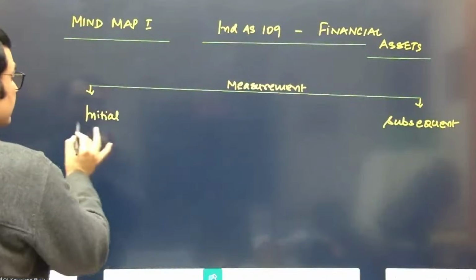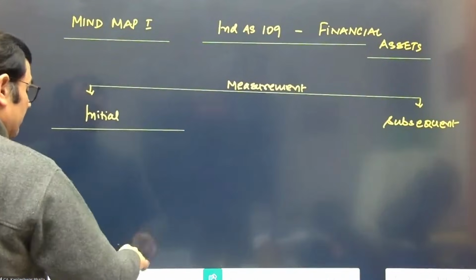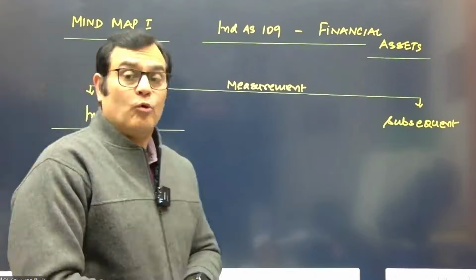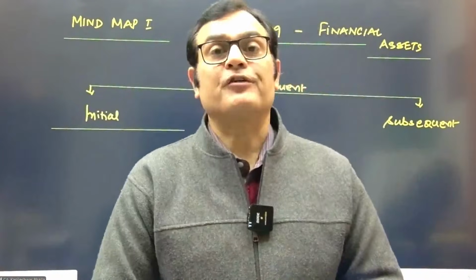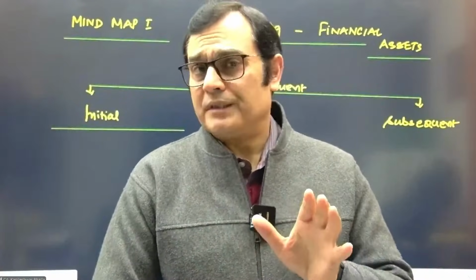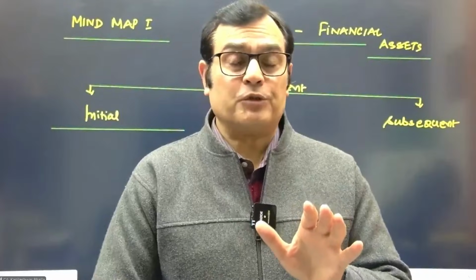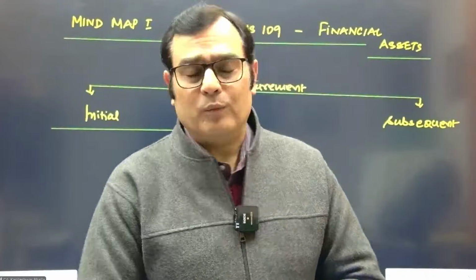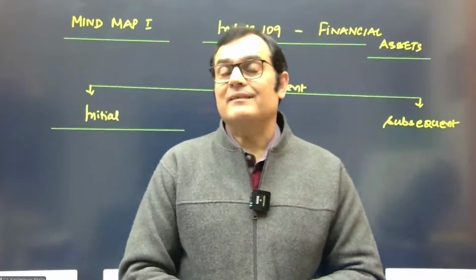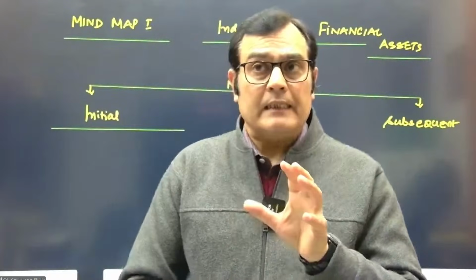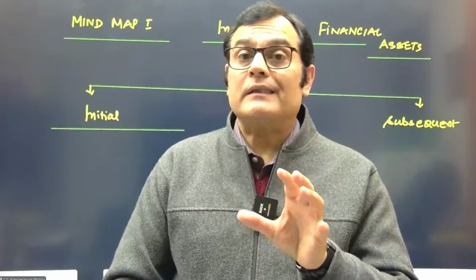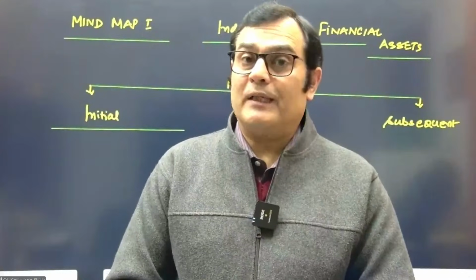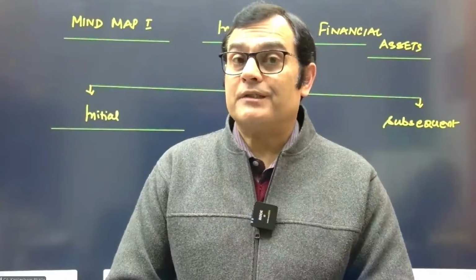Now when you look at the initial measurement, the thumb rule you would remember, all the financial assets are measured initially at fair value. Of course, we need to consider the aspect of transaction cost as well, which I think we will very shortly make another interesting chart. But there are certain exceptions where the financial assets are not initially measured at fair value, but they are taken at transaction value.